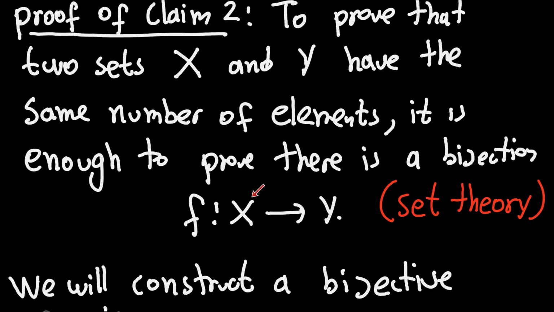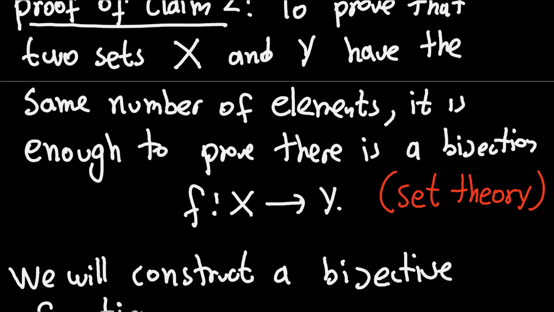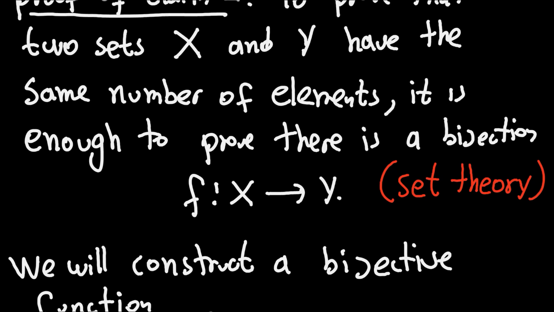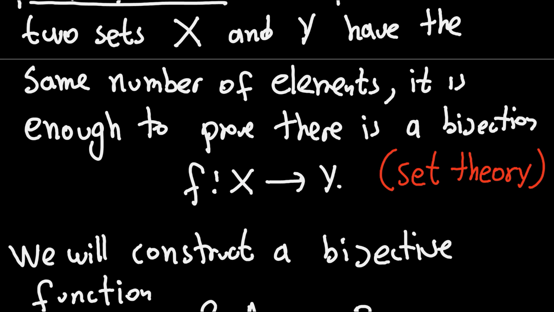So there is a function that is one-to-one and onto from the set X into the set Y. That is a fact from set theory. So every time you have to prove that two sets have the same number of elements, in many cases you construct a function from one set into the other one.